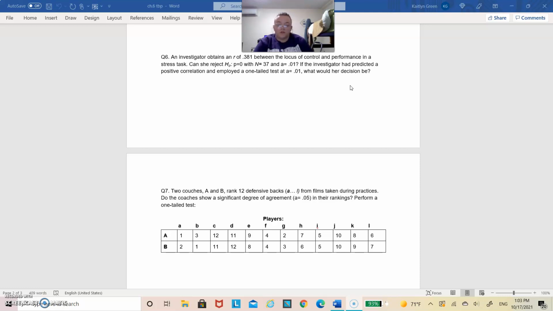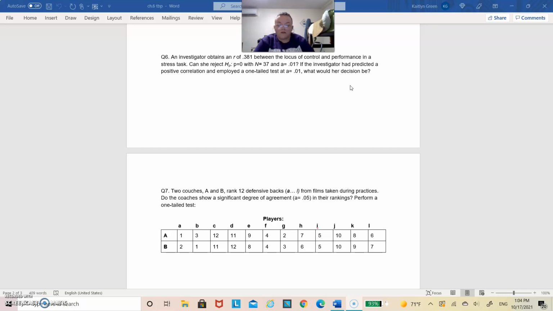So I'm going to split this question up into 2 parts. On the first part, she's already told us that the correlational value of R equals 0.381. To finish setting up the rest of our equation, we have to find the null hypothesis and the alternative hypothesis.